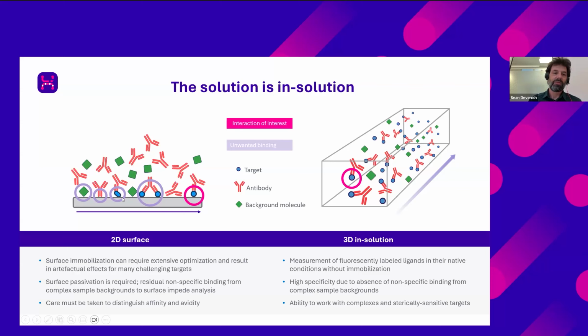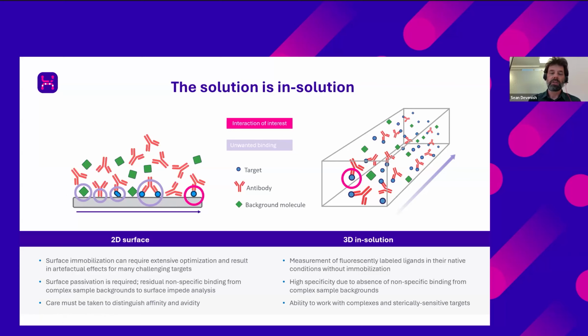If we can simplify the system and get rid of all these artifacts, then that will open up our analysis scope quite a long way. So that's what we've decided to do: we've developed a technology that works solely in solution. By removing the surface, all of these artifactual interactions disappear, and then we can spend our time focusing on the interaction that we're actually interested in.